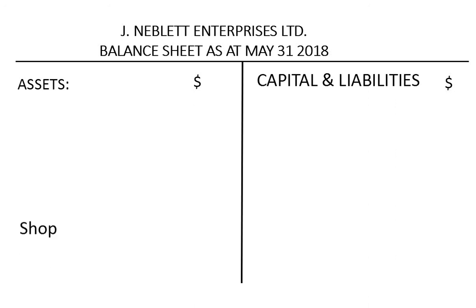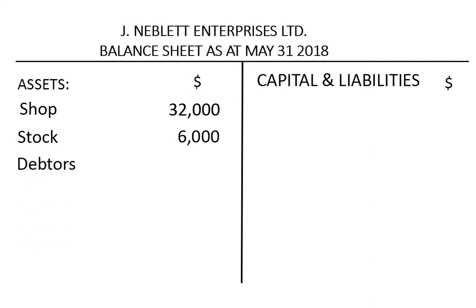Okay, so in this case we list our shop as our first asset, which is the hardest one to sell, and that is worth $32,000, followed by our stock, which is worth $6,000, and our debtors. Now the reason why stock is harder to turn to cash than the debtors is because the debtors have already bought your stock, so you don't have to sell the stock, you just have to collect the money and they will still pay by that time.